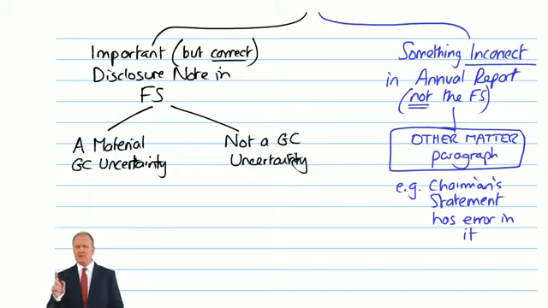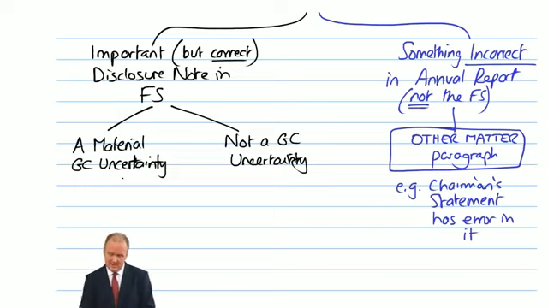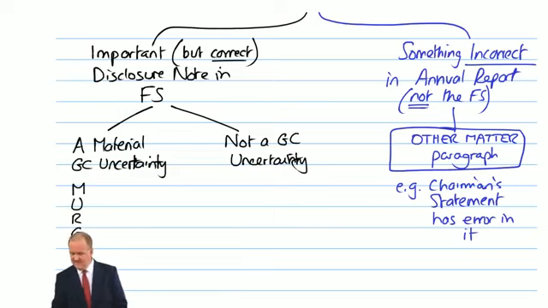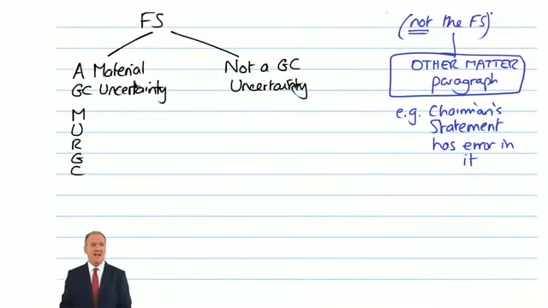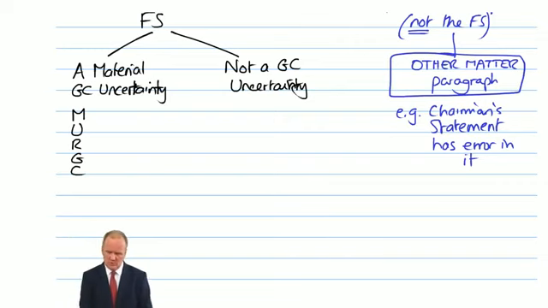If it's a material going concern uncertainty which has been disclosed in the financial statements correctly, what we end up with is what I like to call a MERG paragraph. Now this is brand new, and I have to admit I have invented that. I've not done much invention, it's just the first letters of what this paragraph would be called.